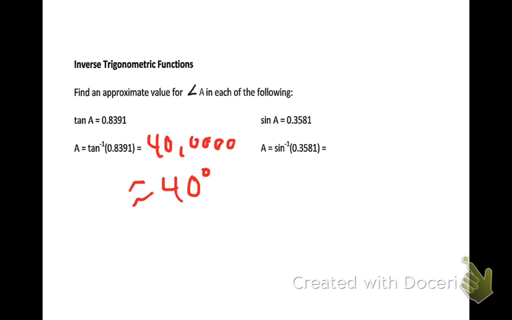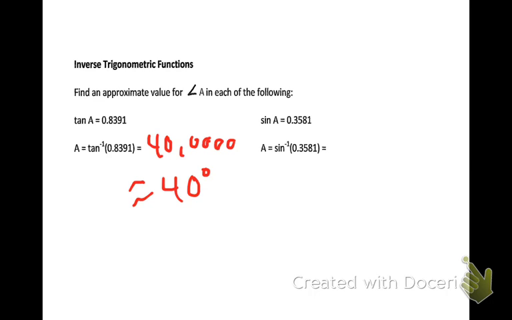Do the inverse sine of 0.3581. See what you get. Anybody, what'd you get? Somebody besides Shatise.